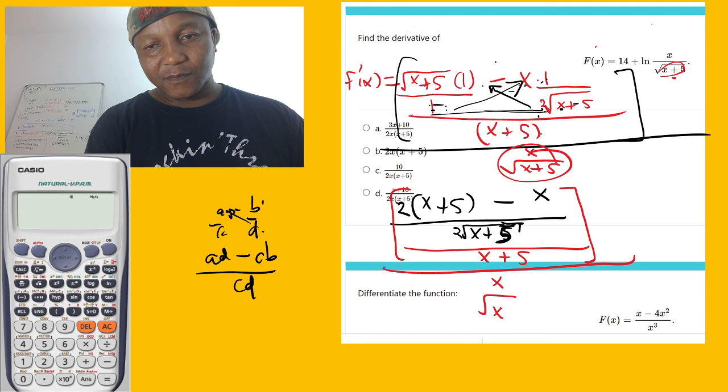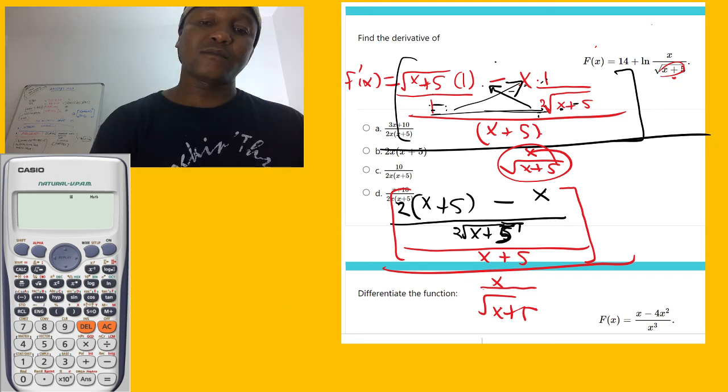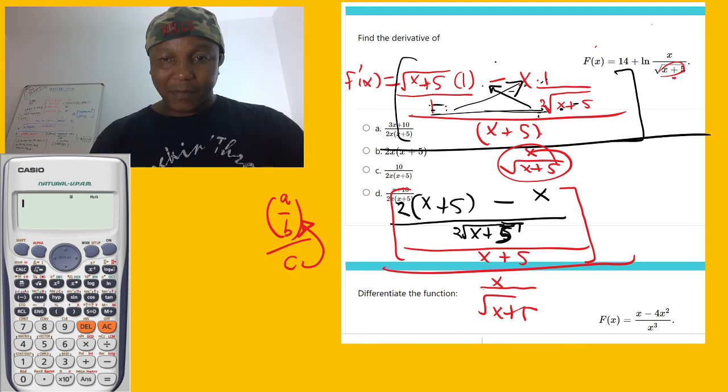Okay, so what we're going to do now, look, if you have in math, let's say a over b over c, you take this one right there to the bottom if you have a fraction over a number. So this is like a fraction over a number, because look, you got this and this over that.